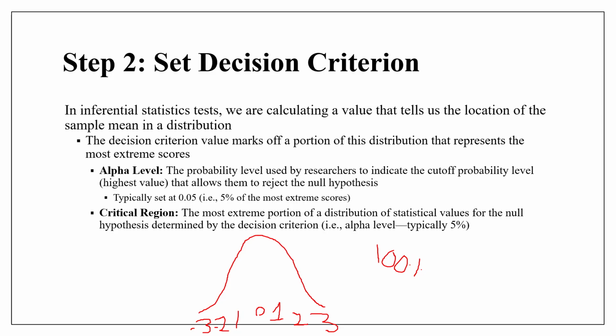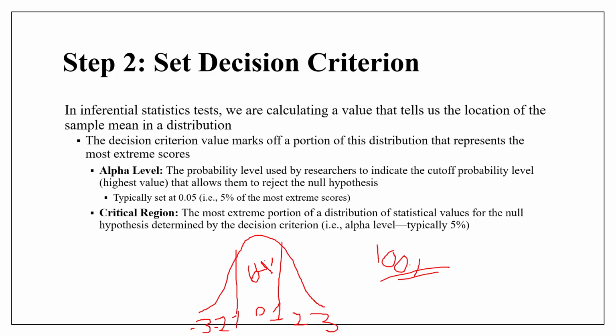What we learned earlier is that when it comes to the percentages, the area under the curve is 100%. But we also learned that between one standard deviation above and below the mean, which is always at 0, is going to be 64% of the scores.